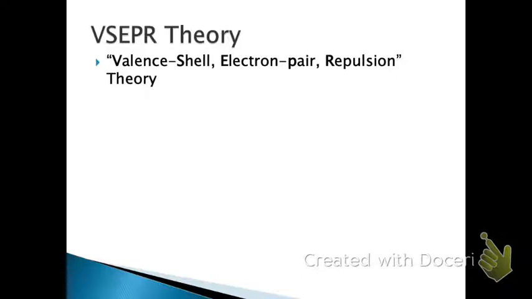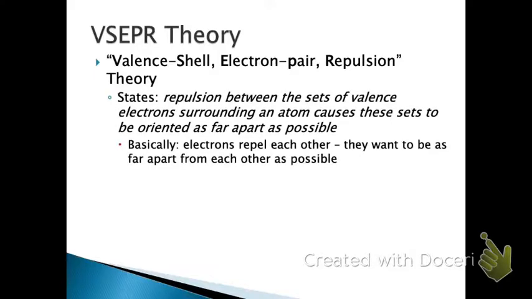I'm going to give you the book definition of it. You do not have to write down the book definition, but I'll give you a simplified one right after that. I just want you to listen as I read through it. It states, repulsion between sets of valence electrons surrounding an atom causes these sets to be oriented as far apart as possible.